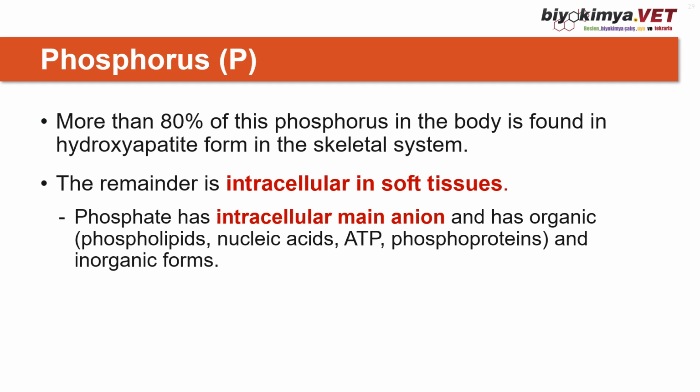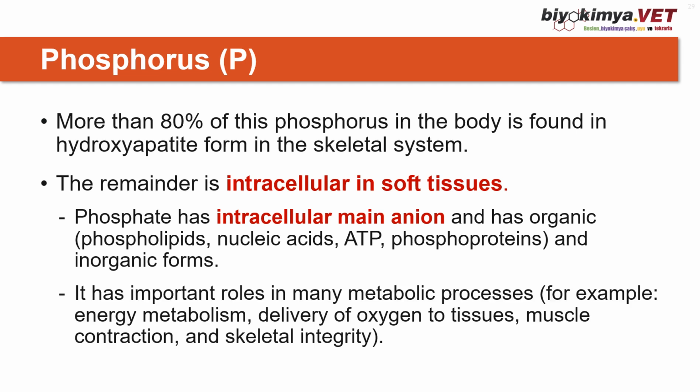Phospholipids, nucleic acids, ATP, phosphoproteins, or any organic molecule carrying phosphate is an example of the organic form of phosphate. It has important roles in many metabolic processes, such as energy metabolism, delivering oxygen, muscle contraction, and skeletal integrity.